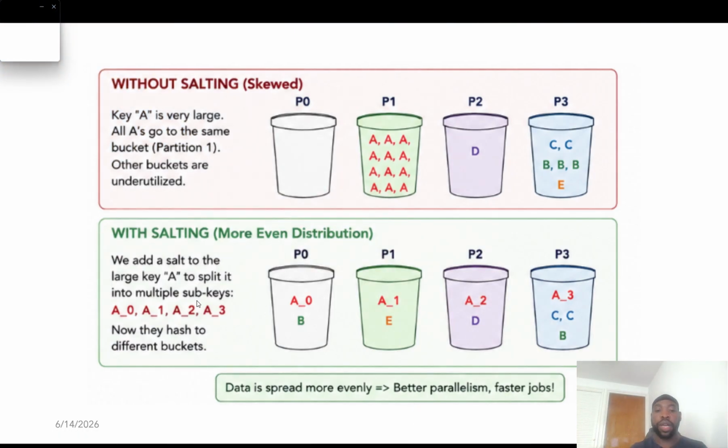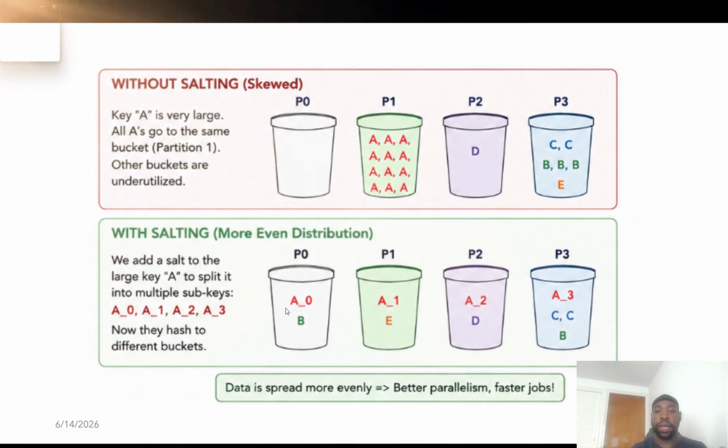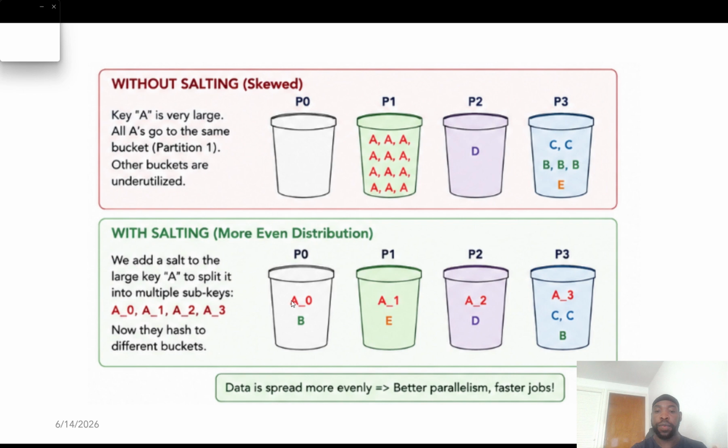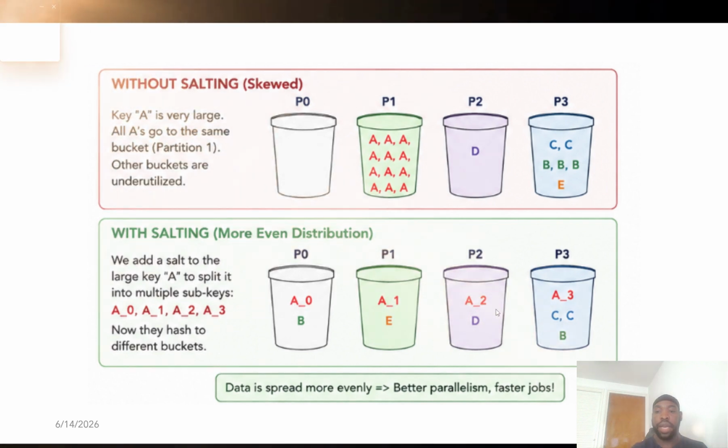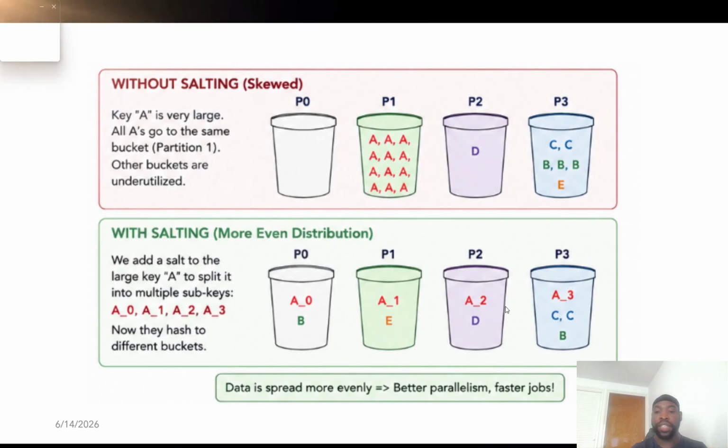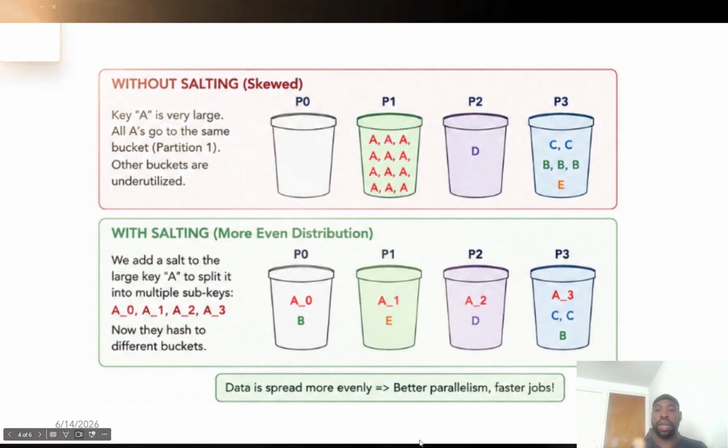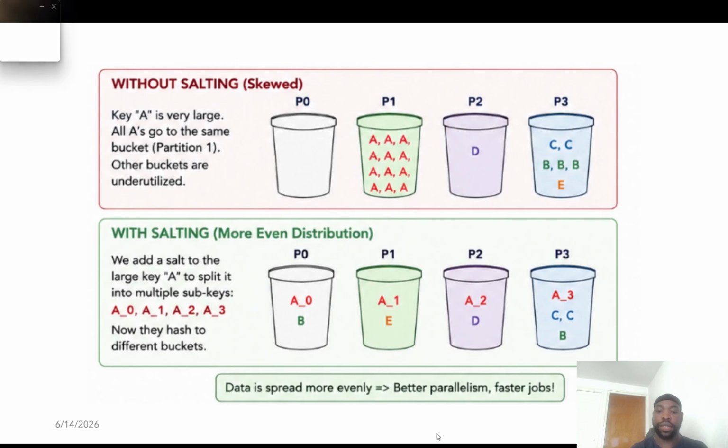Now, if our calculation is correct, Spark will allow these 4 keys to be distributed across the partitions or buckets. So this enables parallelism and improves the job performance.